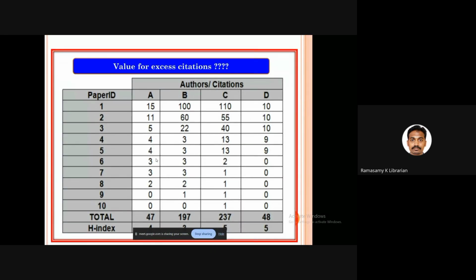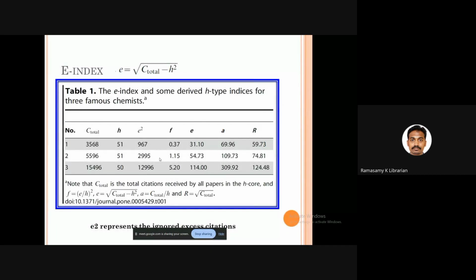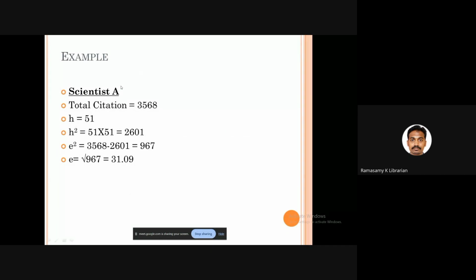Good. I give an example here. There is a scientist called A. He has received total citations of 3568. His H index is 51. That means in order to obtain 51 as his H index, he should have minimum obtained 2601 citations.